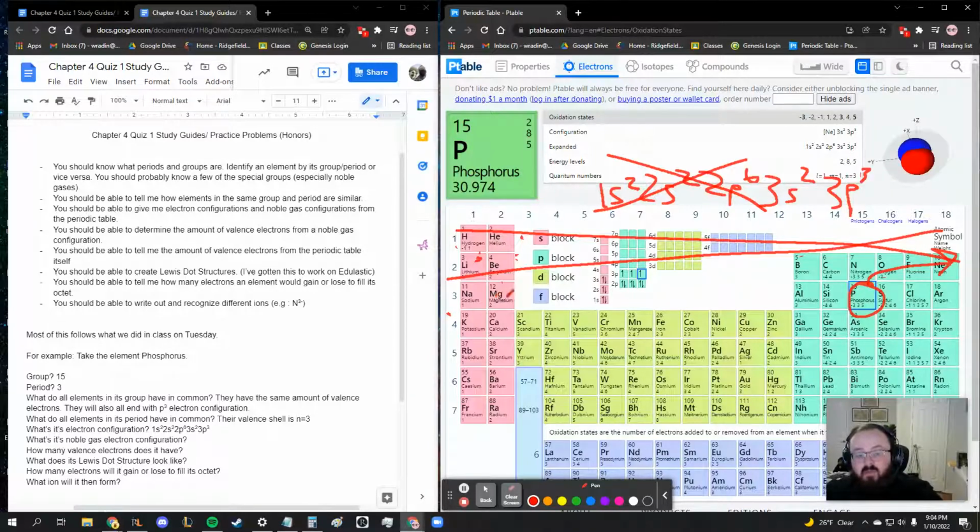To get the noble gas configuration, you only take the electrons that are in the same period as our element. Phosphorus is in period 3, so we only care about our 3s and our 3p. We take the noble gas that is in the period above our element, and then we just fill out 3s2, 3p3.